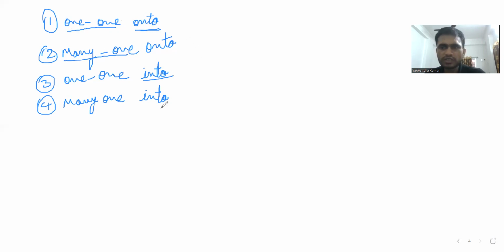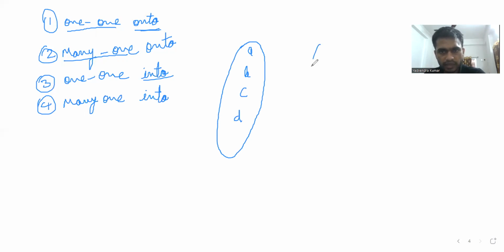So what do these words mean? Let's learn. Consider here the elements are A, B, C, and D, and on the RHS we have elements 1, 2, 3, and 4.